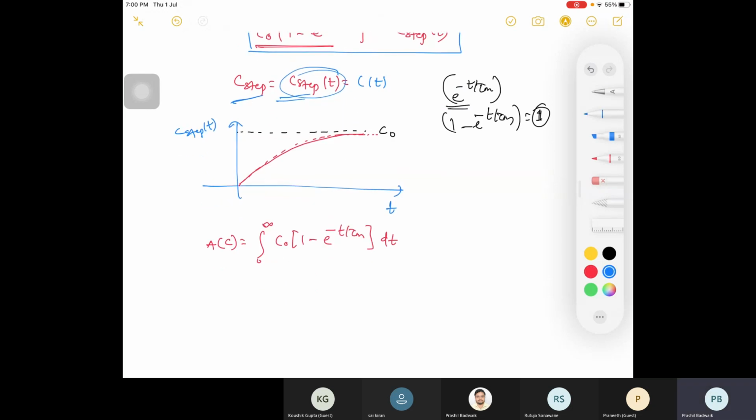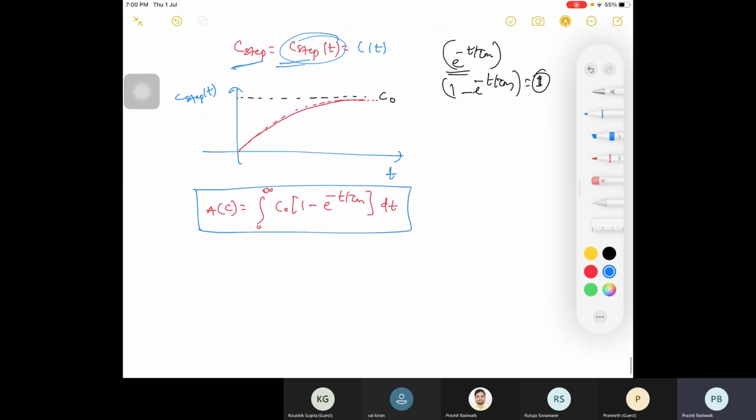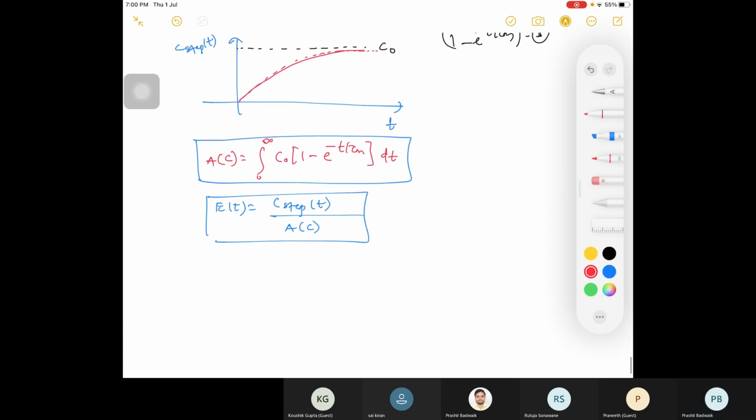So this is how we calculate area under the C curve. Then what is your E of t? That is C step at any time t divided by area under the C curve.